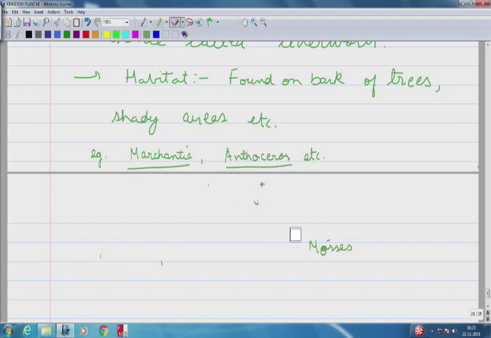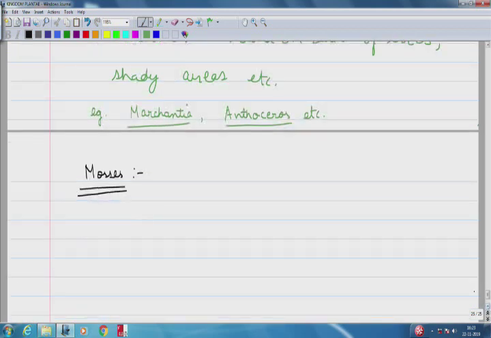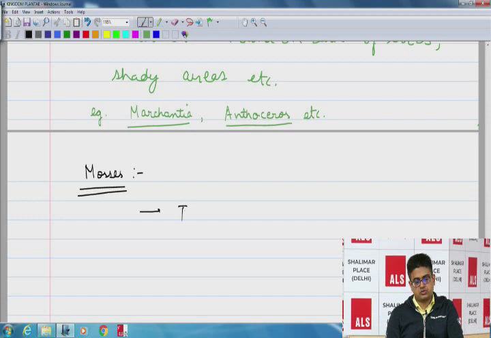When I talk about mosses, they are slightly more advanced bryophytes. Mosses are characterized by their leafy appearance.